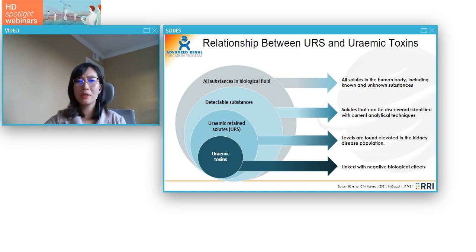But not all the solutes in biological fluids have been identified or quantitated accurately. Among those we can detect, there are some found elevated in kidney disease compared to the normal population. In those retained solutes, uremic toxins are the ones that have been studied and linked with negative biological effects.